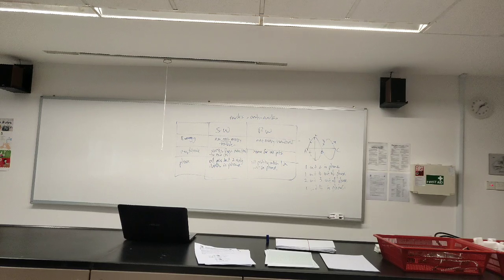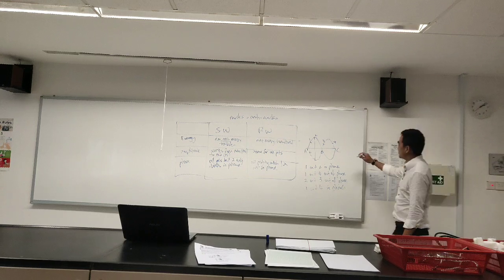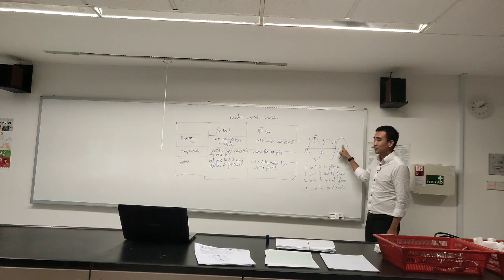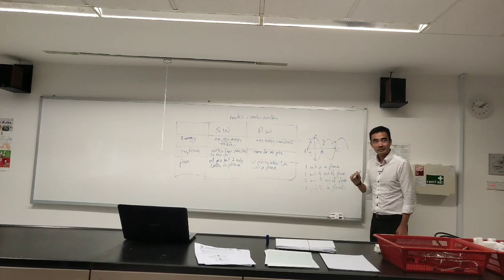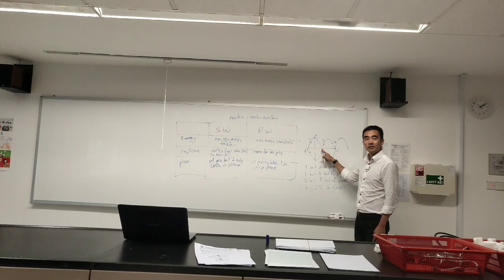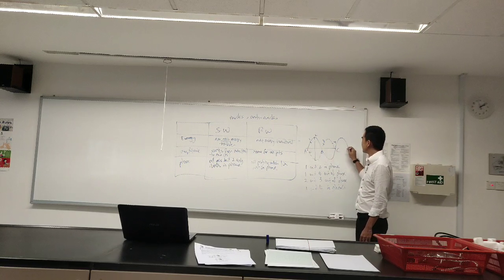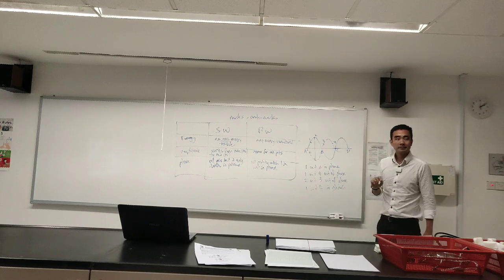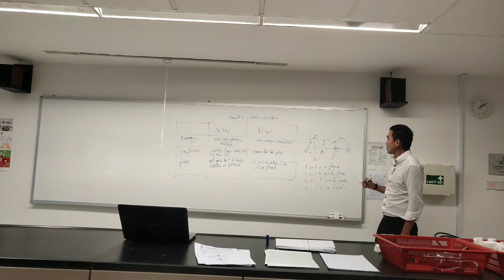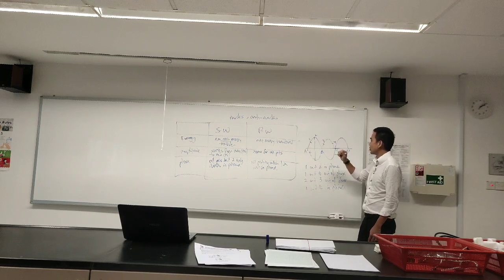You mean this one? Then this one and this will be in phase. This and this will be out of phase too. Two adjacent nodes means this one and this one. Let's say this is A, B, C, and D. Beyond that, then this, okay.